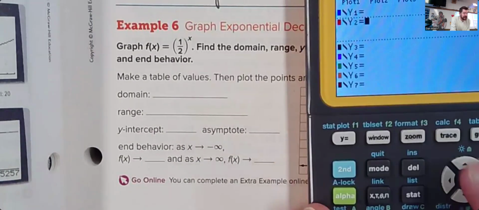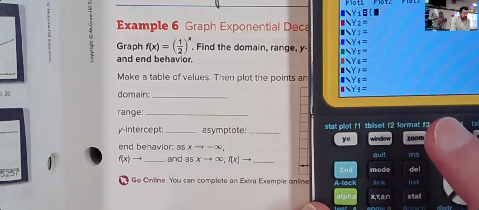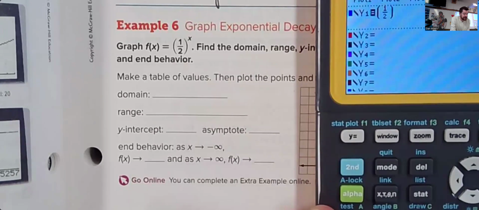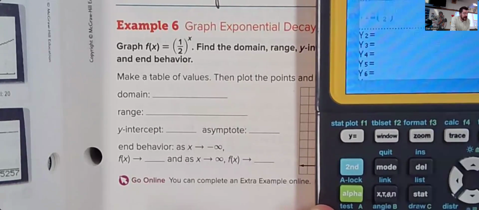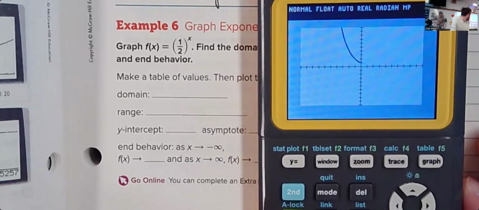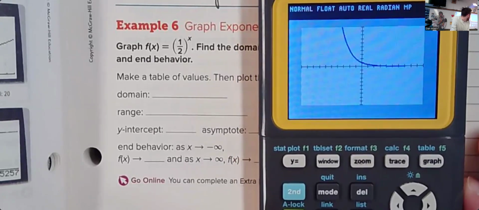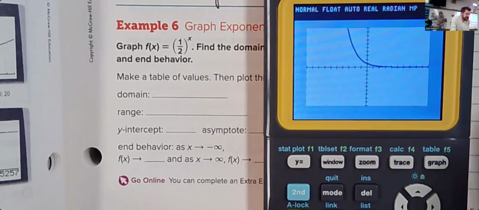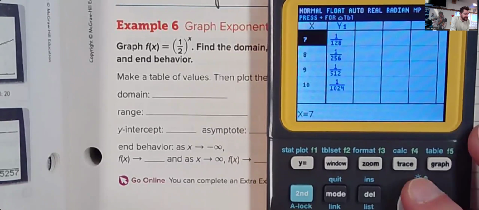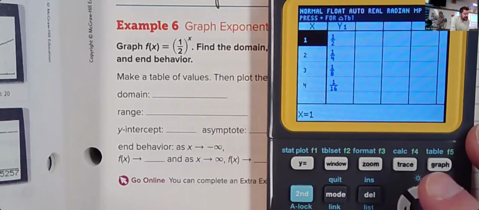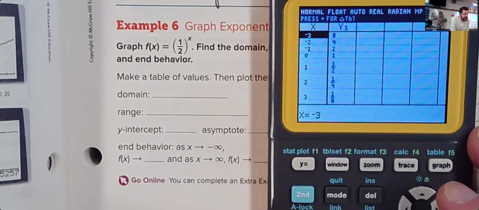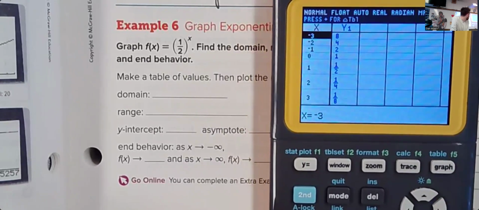But if we head on in here, you can enter 1/2 to the power of x. And then if we graph it, we'll be able to verify that this thing is in fact exponential decay. There it is. And then we can also take a look at the table of values. We'll just look at between -3 and +3, kind of like the first example we did with exponential growth.